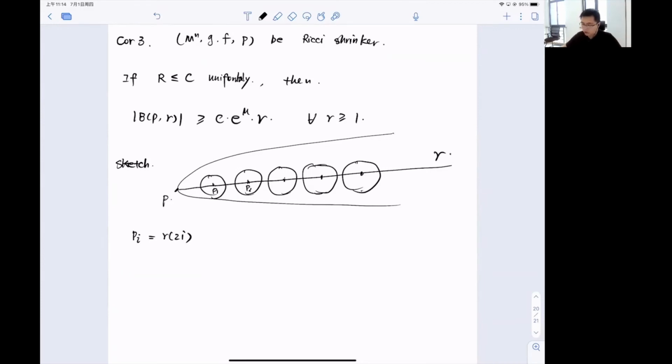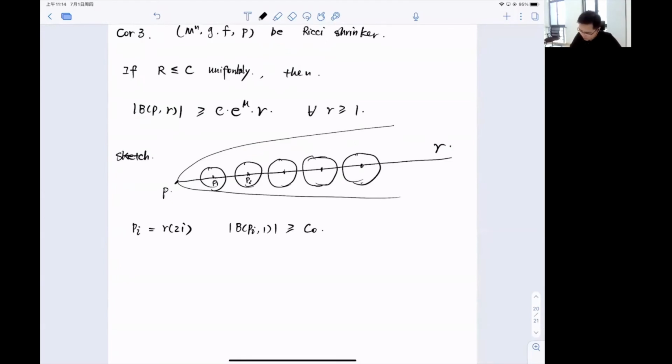Now we can show that all those geodesic balls with radius 1 are disjoint. By the no local collapsing theorem, we know that all B_{p_i}(1) volumes are bounded below by C_0. This is uniformly bounded below because the scalar curvature is uniformly bounded above. Then we can just combine the volumes of all those geodesic balls to conclude that the volume of B_p(R) is bounded below by C_0 times R.